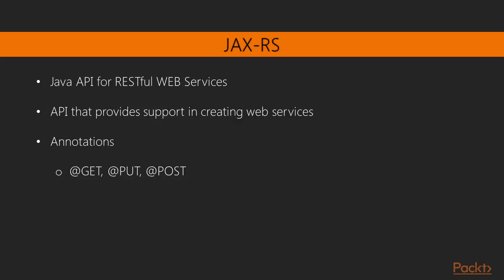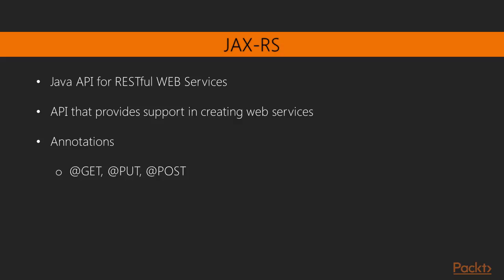It uses annotations to simplify the development and deployment of web service clients and endpoints. Annotations such as @Path, which specifies the relative path to a resource class or method, @GET, @PUT, etc., specify the HTTP request type of a resource.